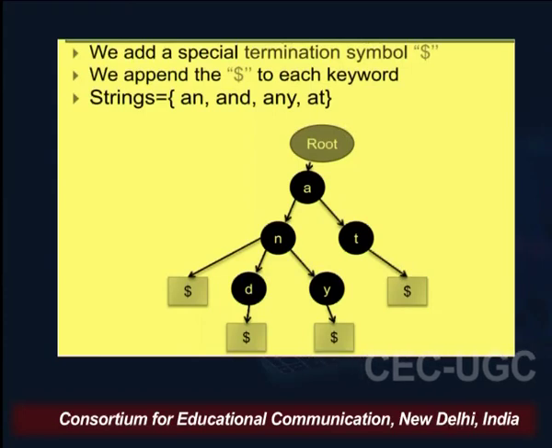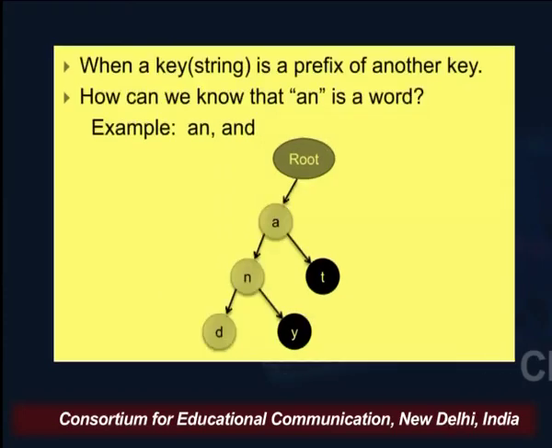So you can compare the previous tree which I have just shown you, in which there is no termination symbol, and there was no way of knowing when a particular string is a prefix of another string, or when a particular key is a prefix of another key.